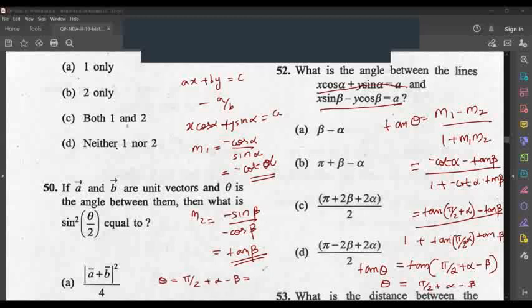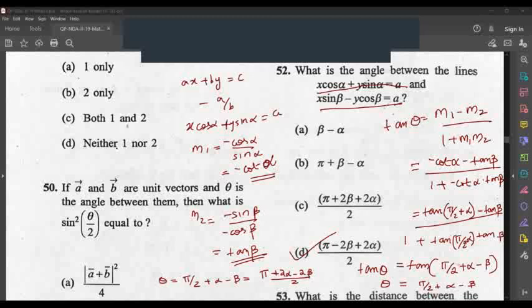If we simplify this, it is pi plus 2 alpha minus 2 beta by 2. So that is option D.